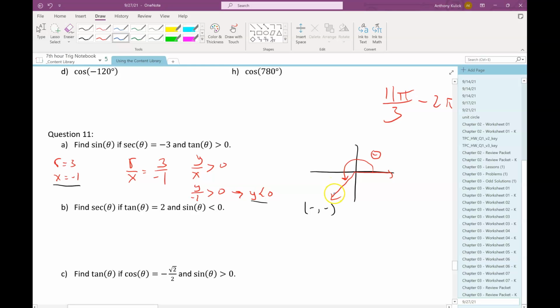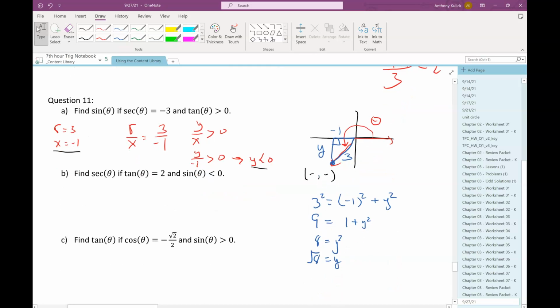Okay. I'm going to build my triangle now. So the x side was negative 1. The y side we don't know yet. And the r side is 3. So I can use the Pythagorean theorem to find the y side. Cool with that.